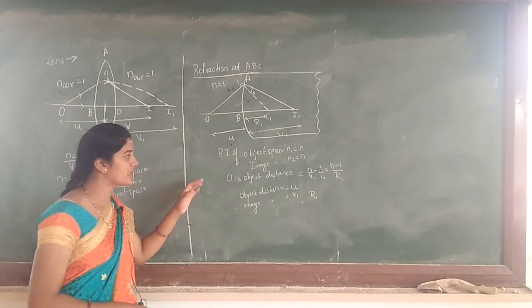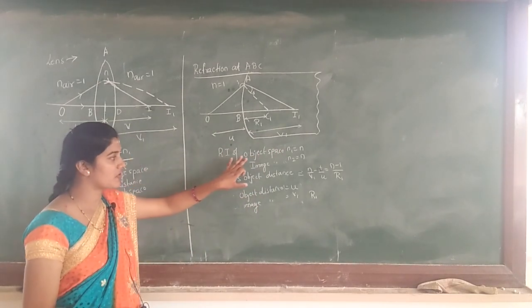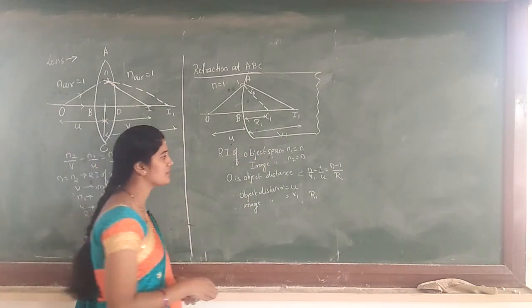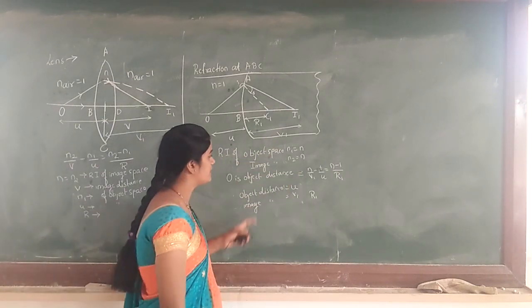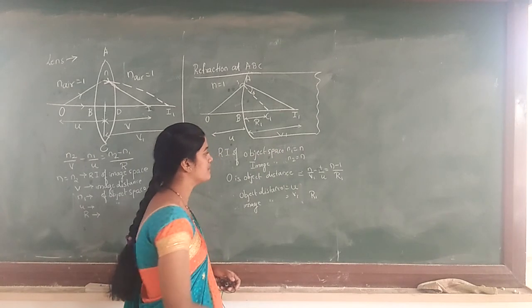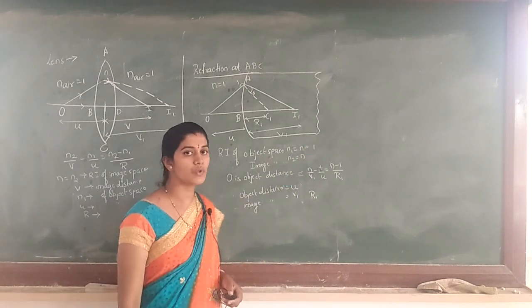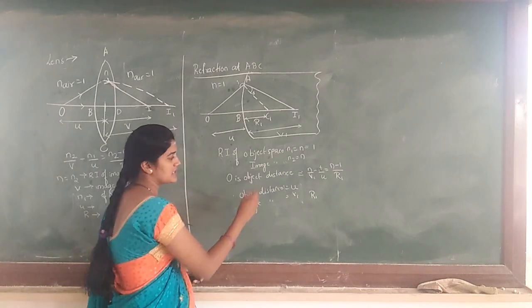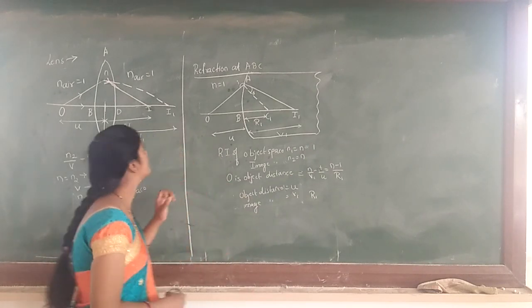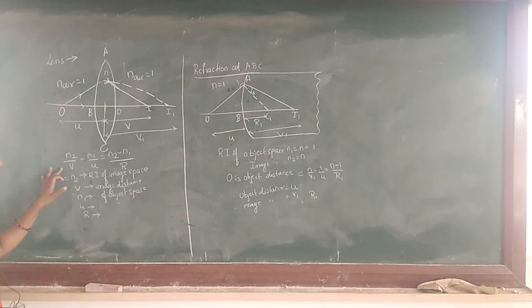Now according to the diagram we can tell that the refractive index of the object space n1 is equal to 1, and the image space n2 is equal to n. Next, O is the object distance, from equation 1.